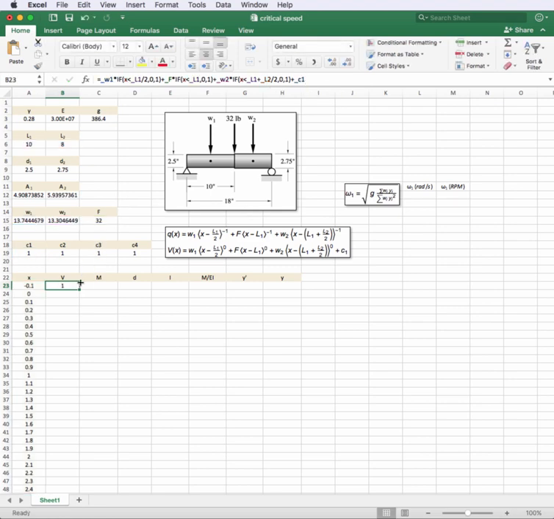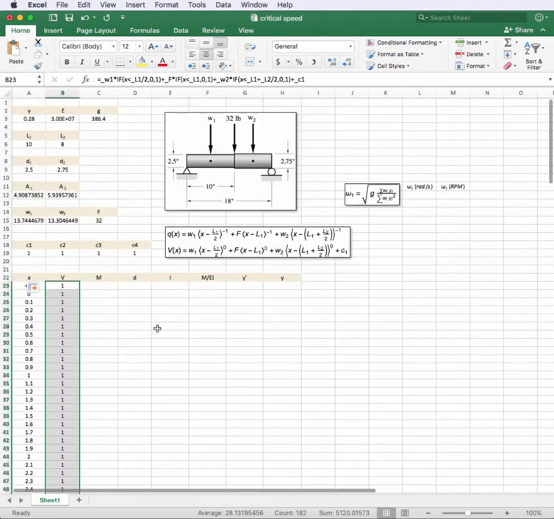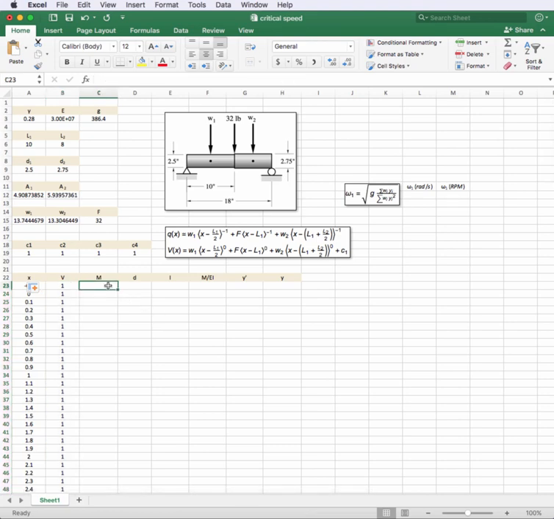Okay, I'm going to get this to the black cross piece and then just double click so it copies it all the way down. So I did that integral by hand and then just translated this formula into Excel. Next one I'm going to actually do with Excel. So the bending moment is the integral of this plus another constant C2.